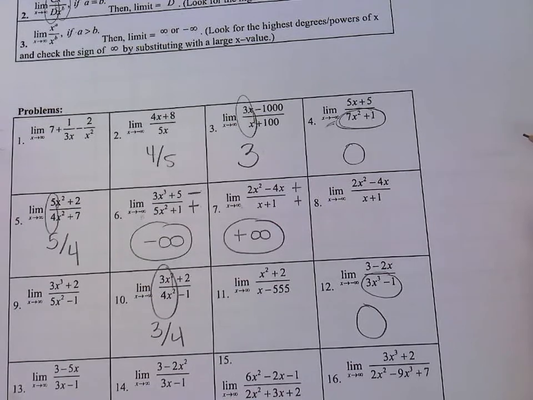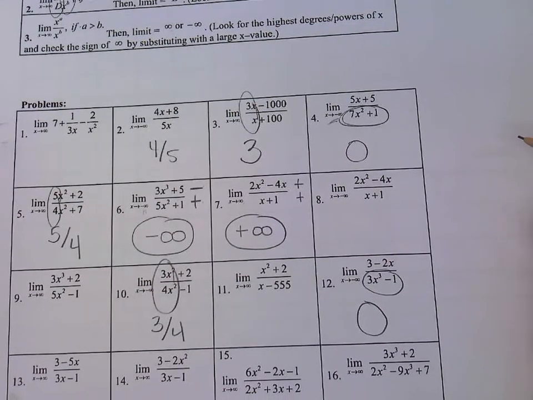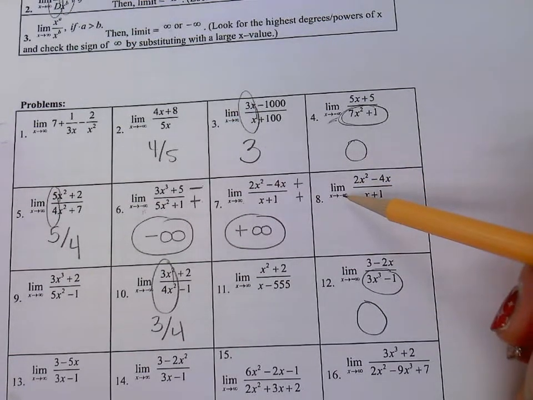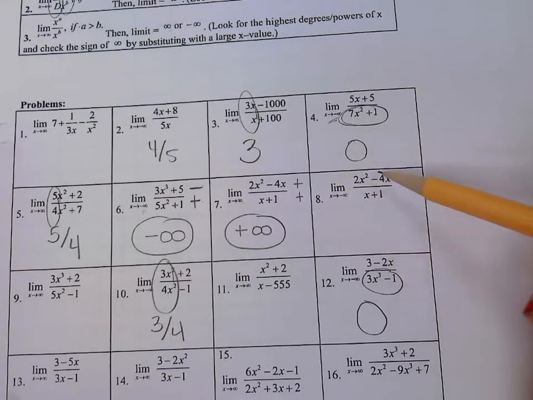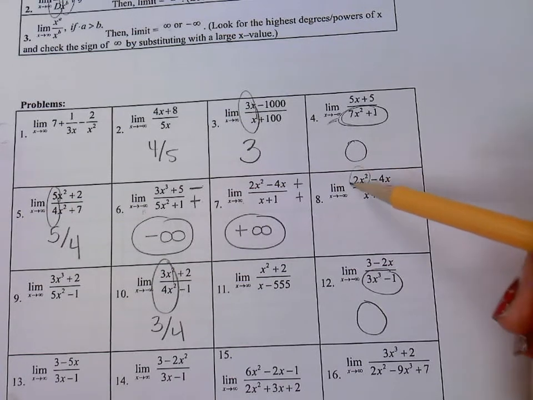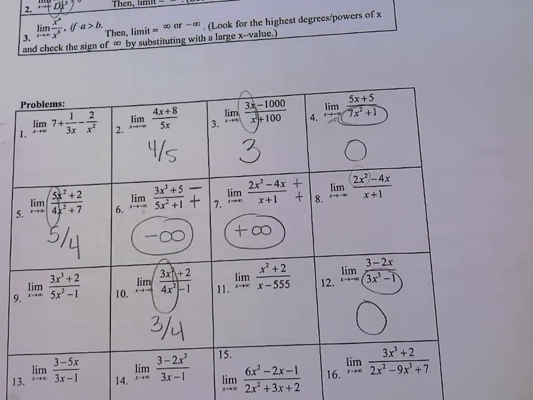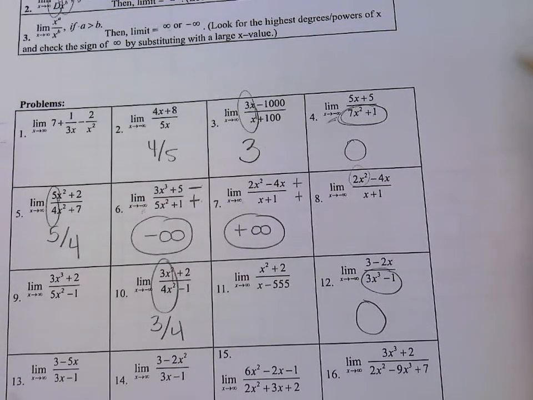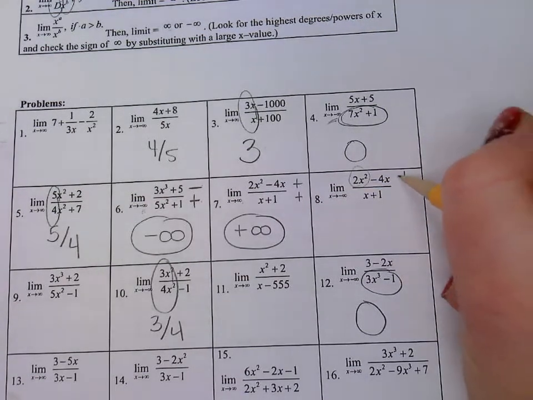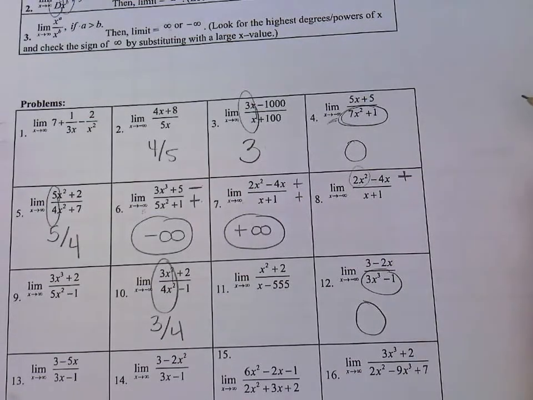So if you want to try 8, 9, and 11 right now, pause the video and try them. Now I'm going to explain them. Number 8, if I plug in negative infinity, this term is going to be a very big positive number. The dominant term will be positive. The denominator will be negative, right?